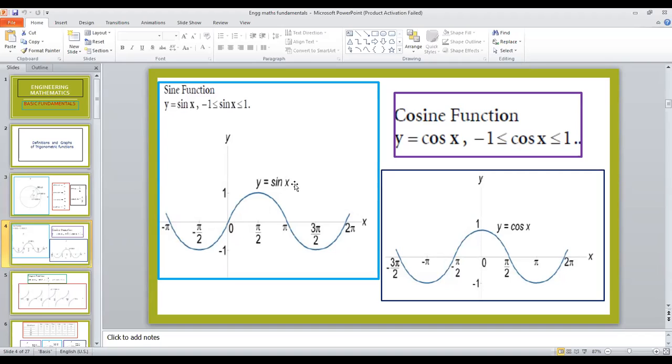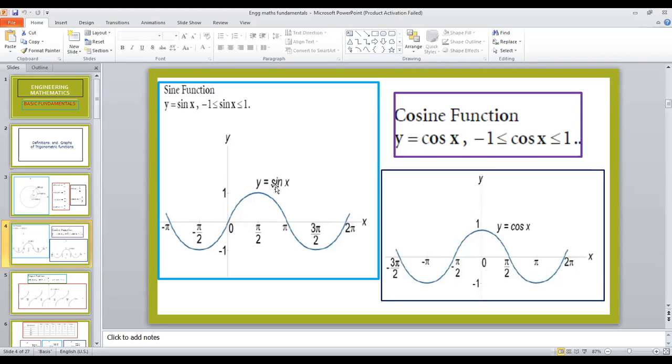So y is equal to sin x. It is a function, first algebraically, and then we get the zigzag function or the geometrical interpretation of that signal in this fashion.